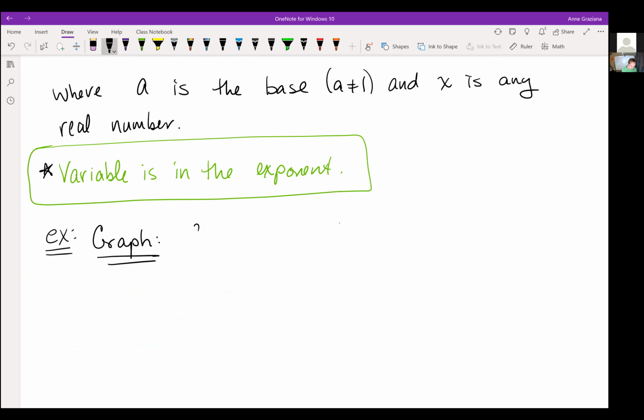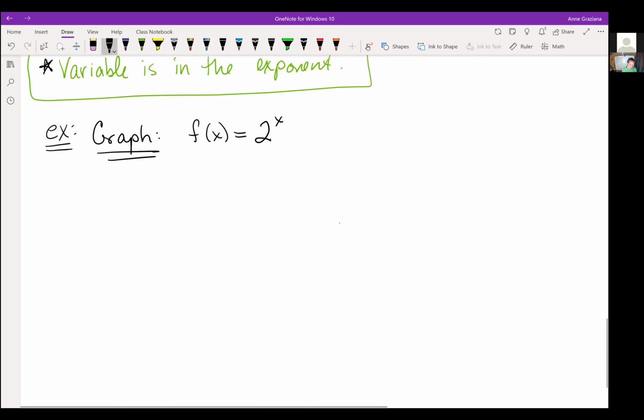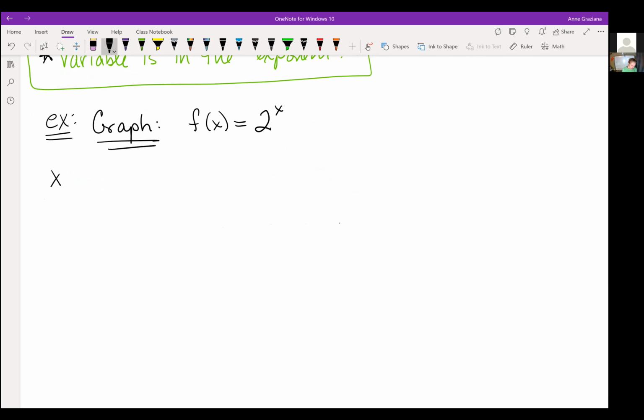So let's graph f of x is equal to 2 to the power of x. So I have a number to a power. And I'm just going to make my t-chart. Some of you who were really good math students in high school might already recognize what this is going to look like.